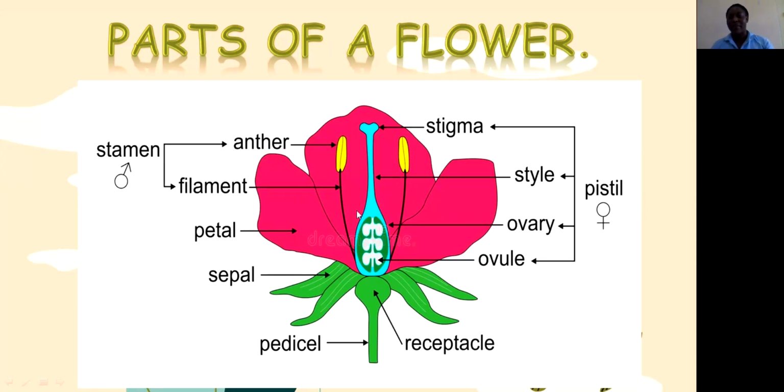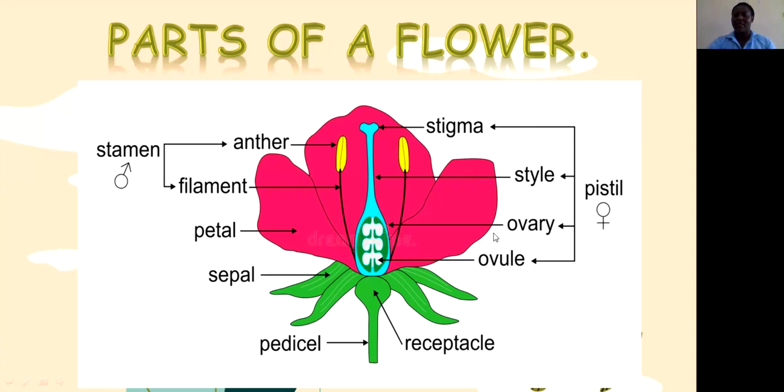style, ovary, ovule. These are the female parts of a flower, stigma, style, ovary, and ovule. They are called, one word, pistil.